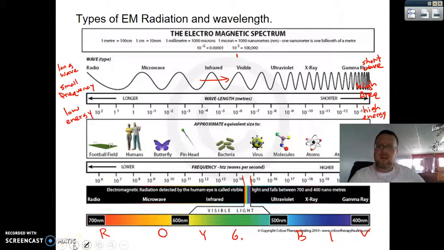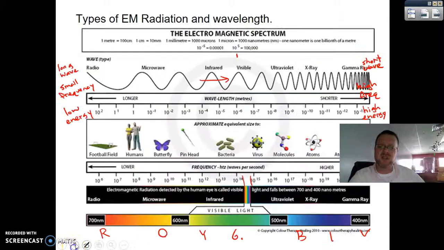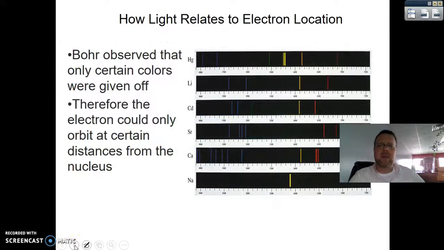Well, if we want to get into why certain colors are released by certain elements, and how does that happen? Why, for instance, did hydrogen release these very four specific colors? Bohr came up with this model or this theory to explain what was happening there.